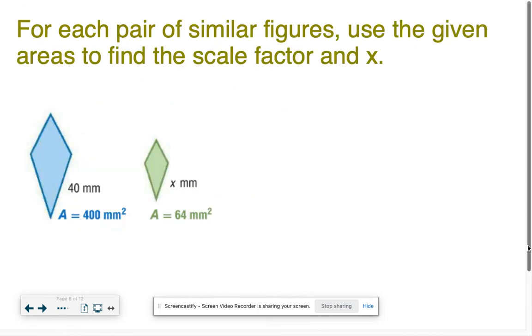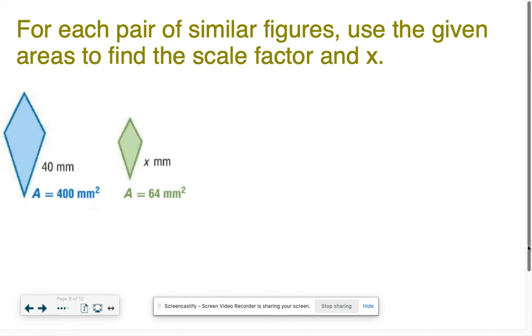Let's try another one just like that. So again, we know the areas of both of these, so you're going to start with the ratio of your areas. We're going to have 64 over 400. And then I'm going to reduce if I can.